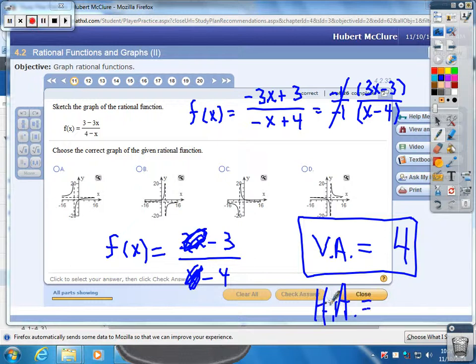Now, the first thing I get when I do a problem like this with a class is the students go, well, how'd you get the horizontal asymptote? Well, you need to go back to that page. What page was it I gave you? It's got lists: how to find the vertical asymptote, and then the 3 rules to find the horizontal asymptote, or the oblique asymptote.